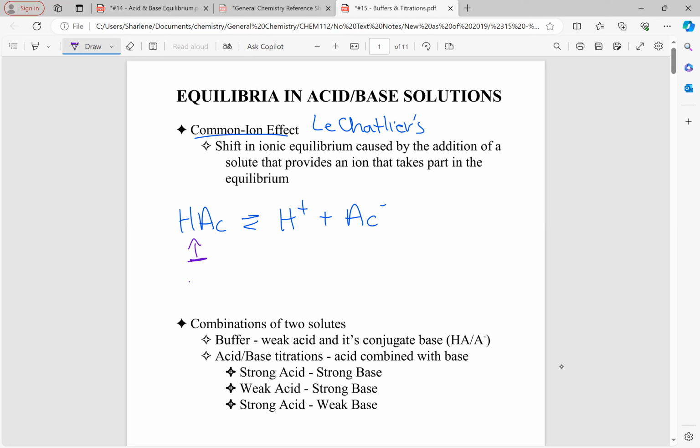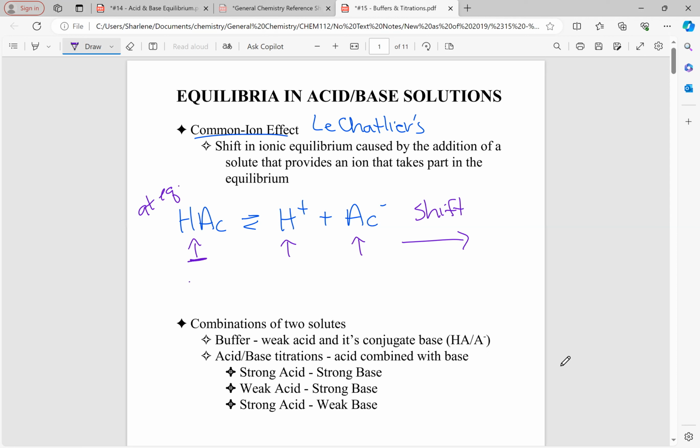Okay, so I'm at equilibrium, but I'm adding some extra acetic acid. Well, the reaction now has too much acetic acid, and so it needs to shift to the right, and therefore it's going to create more of the protons and more of the acetates.